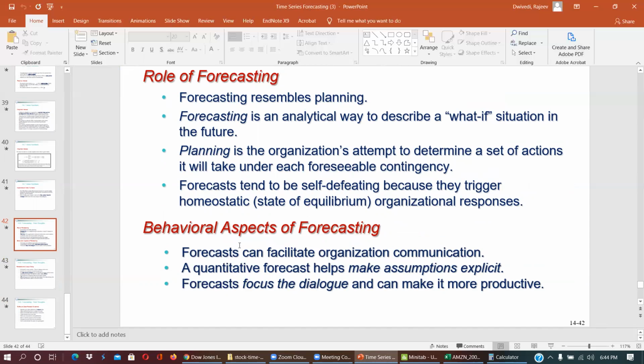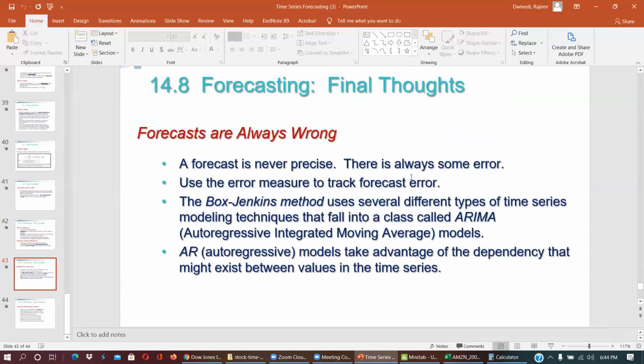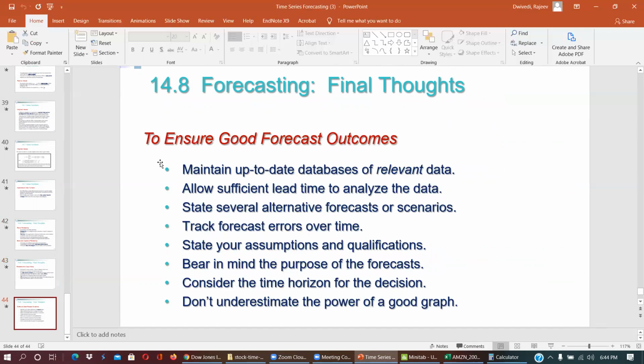And the role of forecasting, the behavioral aspect: forecasts are always wrong. Forecasts are always wrong, but for 1-800-Flowers.com, sales forecasting is highly useful. They do the trend analysis, using time series data to forecast the sales, and accordingly they stock the product or hire the people.